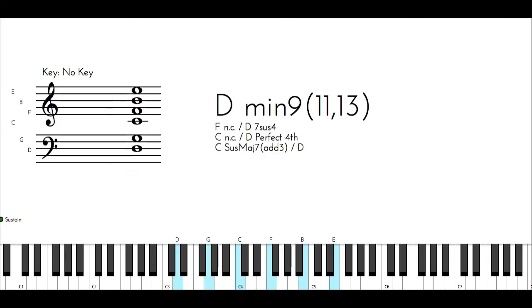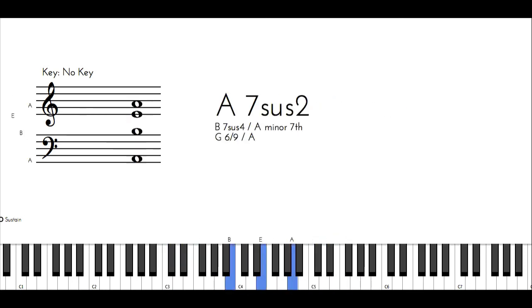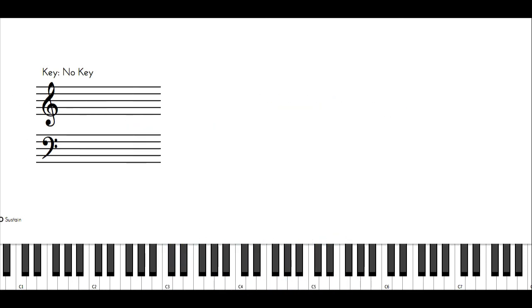And I know I'm playing parallel voicings, meaning that I'm just moving the chord in that mode, but I find that it's important to get that sound in my ear.